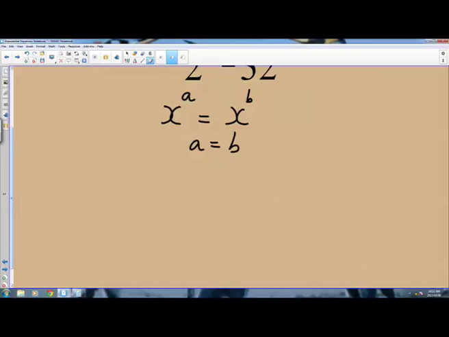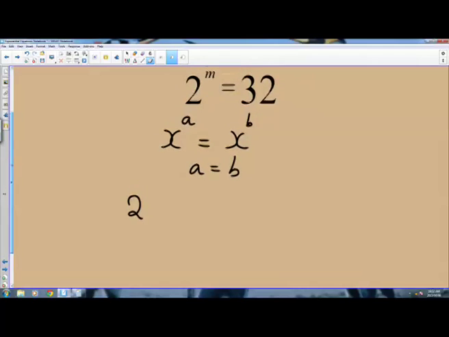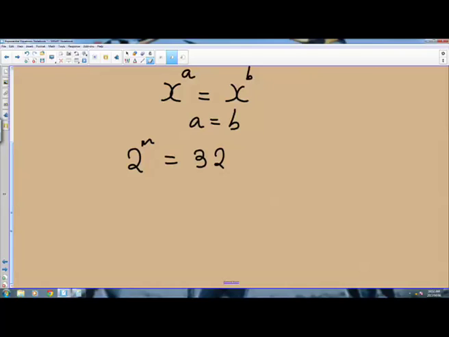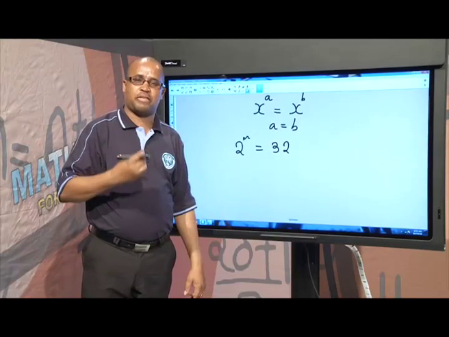You are to solve the exponential equation 2 to the power m equals 32. The variable is m, so you are to solve for the variable m.